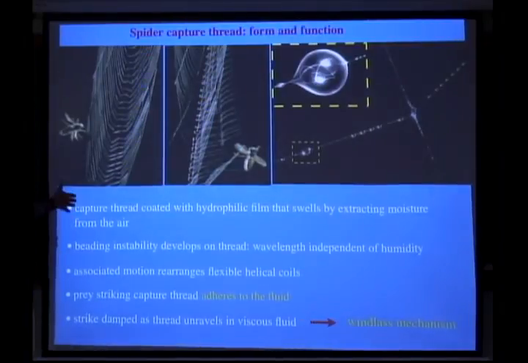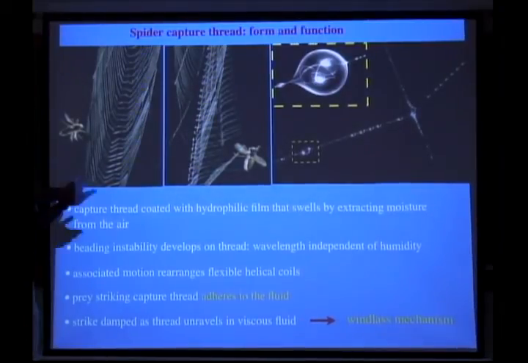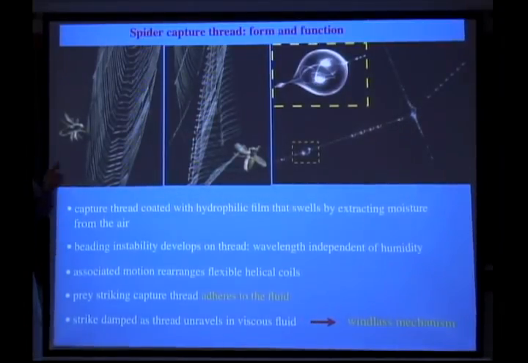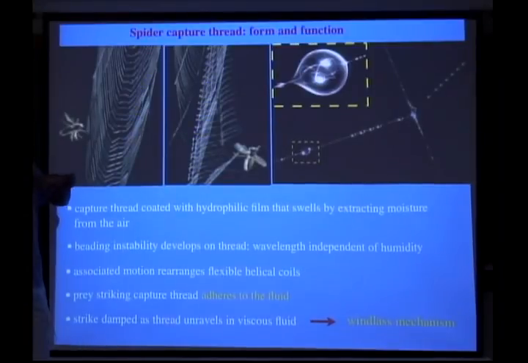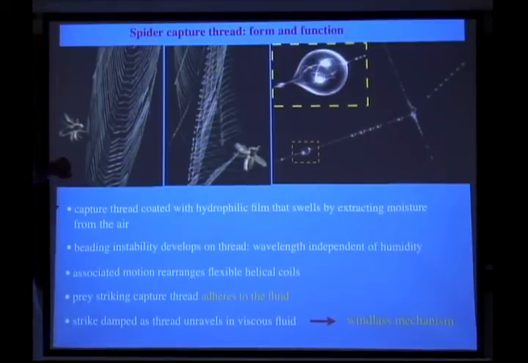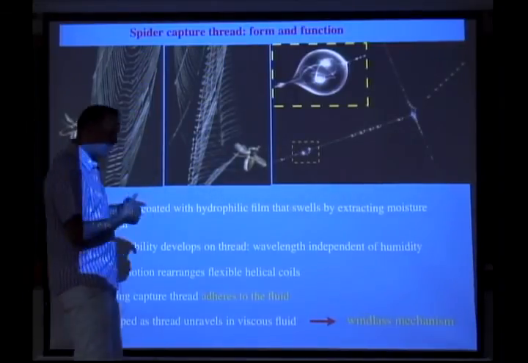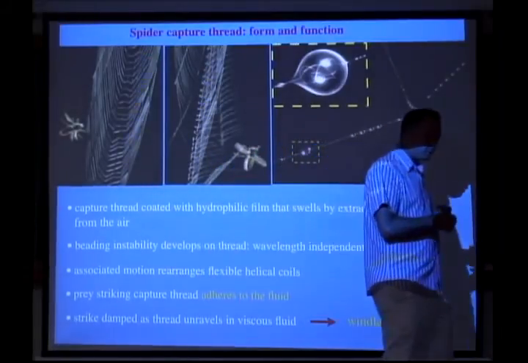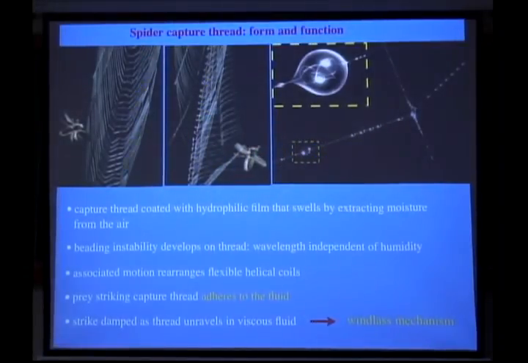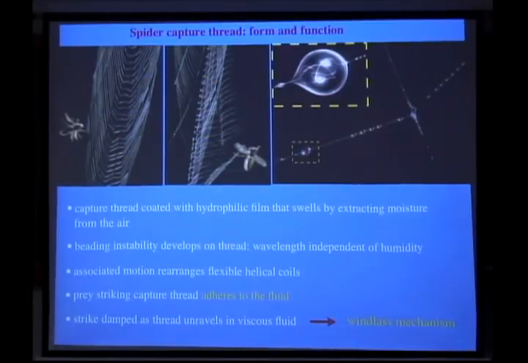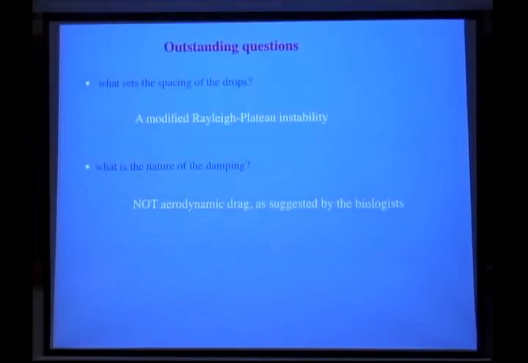Because if it was perfectly elastic, it'd go whoomp, whoomp, right? And come out exactly the same. But here you're unraveling these elastic threads in a viscous fluid. Okay, so those are the two effects of this capture thread. One is it's wet, so the prey sticks to the thread. Secondly, it takes energy out of the impact.